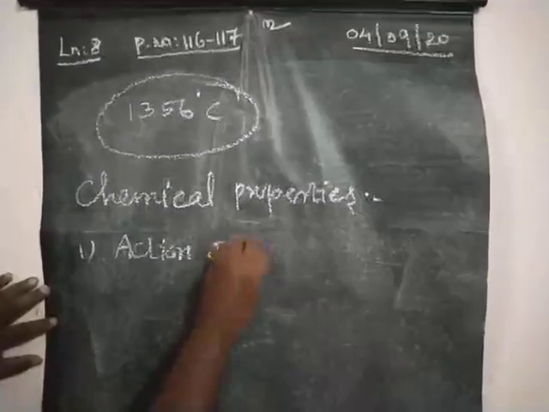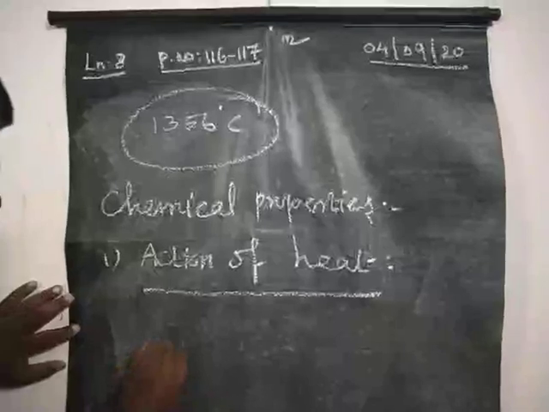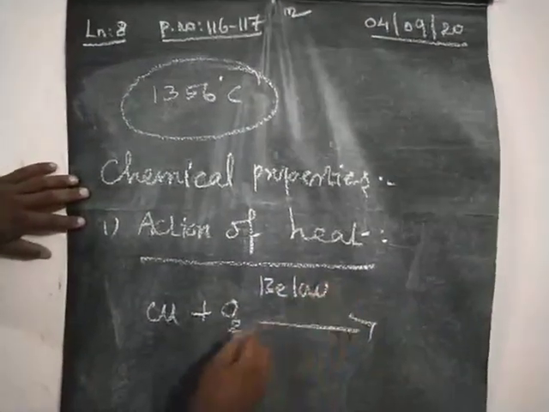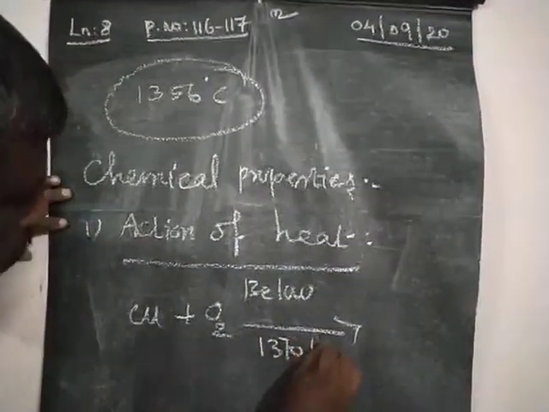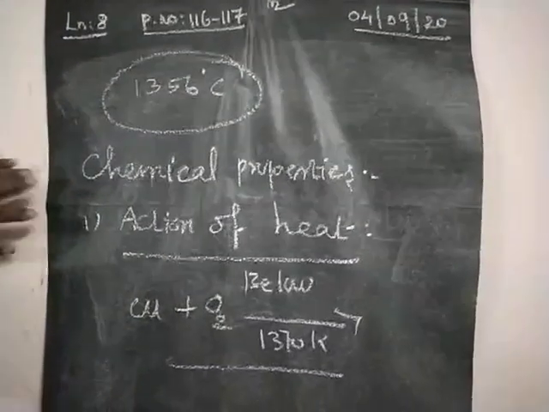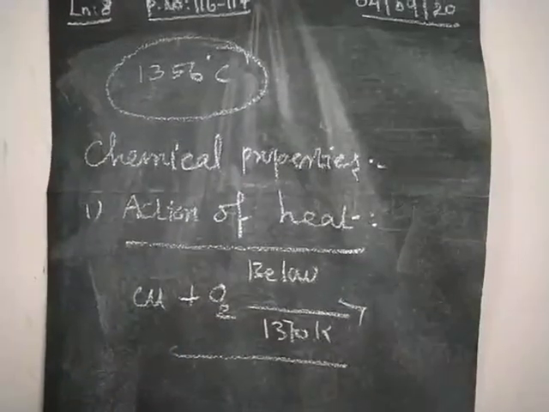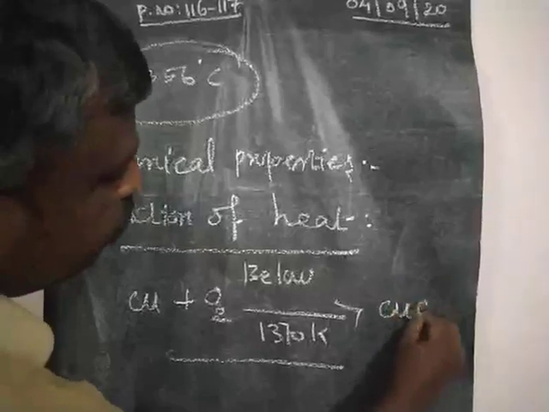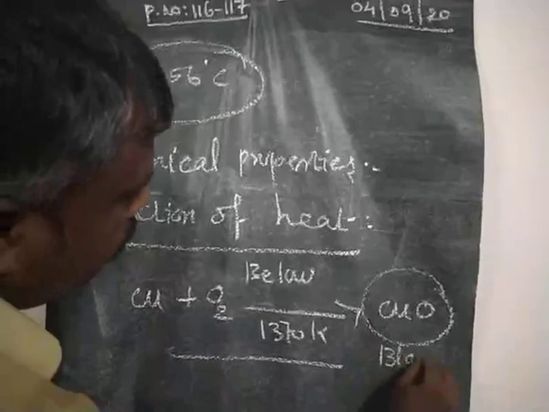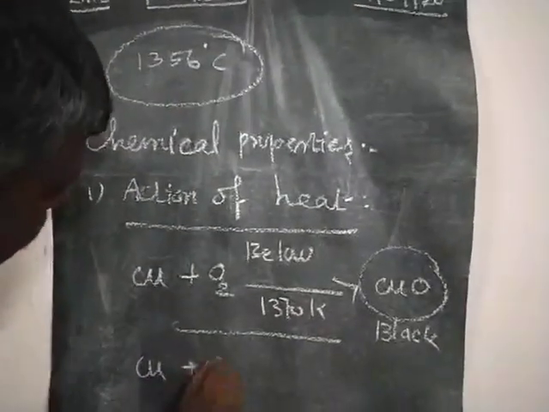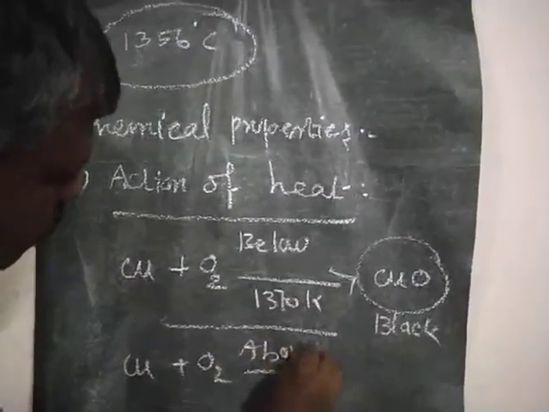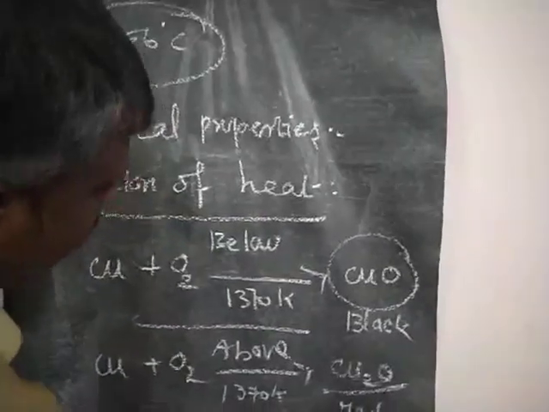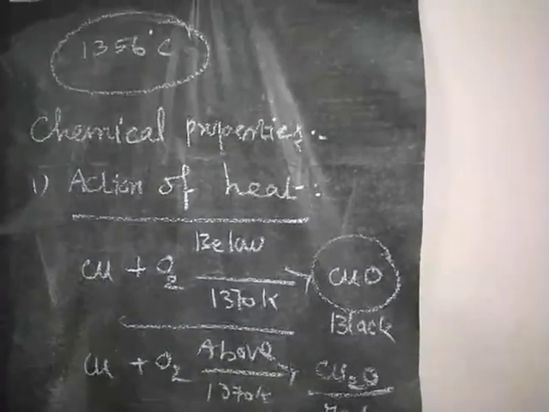Copper heated in the presence of oxygen below 1370 Kelvin gives copper(II) oxide, CuO, which is black in color. If we increase the temperature above 1370 Kelvin, we get Cu2O, copper(I) oxide, which is red in color.